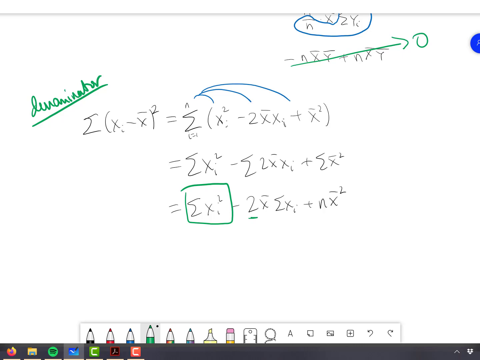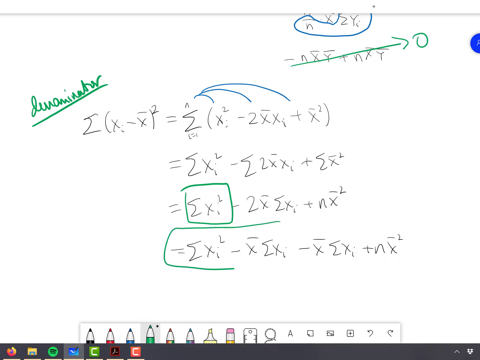Because right now what we have is 2 times x bar sum of xi. And so what we can do in the next step is we can separate those out, so we have minus x bar sum of xi twice, just literally writing it out, plus n x bar squared. The reason this is nice is that now we actually do have the component that we derived through our solving of beta hat 1, and what we have to do now is show that this can be equal to 0 to finish the steps.